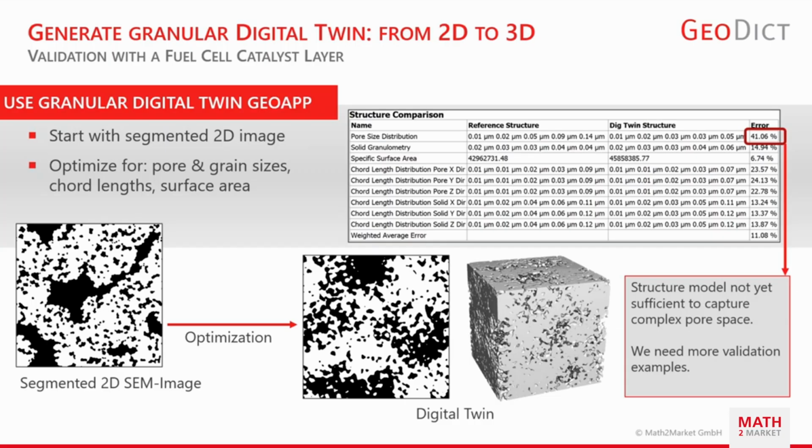Here on the left side you see a 2D image of a catalyst structure. Actually, this is from another GeoApp in GeoDict to create a catalyst structure. We have used one slice of it and used the GeoApp to test if it is possible to use it as it is to generate a fully digital twin of a catalyst layer. And in the center you see the result.